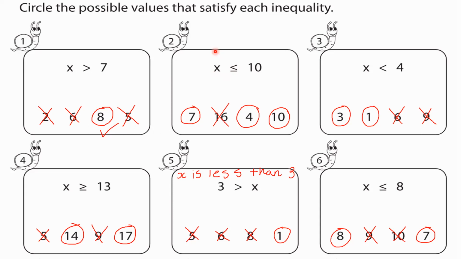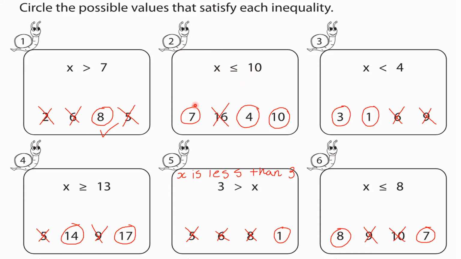Okay. So explain how we got number 2. We got number 2 because the sign says x is less than or equal to 10. So that would mean that in order to satisfy the inequality, we have to find any number that is less than or equal to 10.